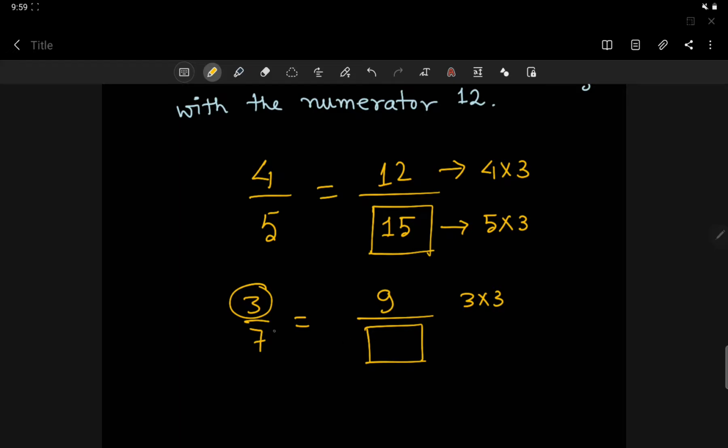Similarly, you have to multiply 7 by this 3. So you know 7 into 3 is 21. So 9 by 21 is the equivalent fraction of 3 by 7. Okay, so this is the way to find the equivalent fractions of the given number when the numerator is given.